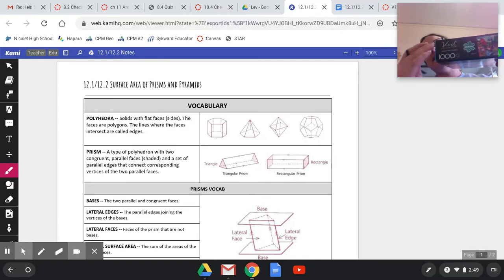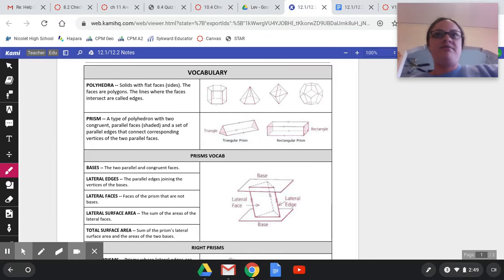And then you've got these lateral faces that go around the outside. So this is a prism, and you can take a minute right now to read that vocabulary, just so you're familiar with it moving forward. So pause the video, take a moment to read about that vocab.